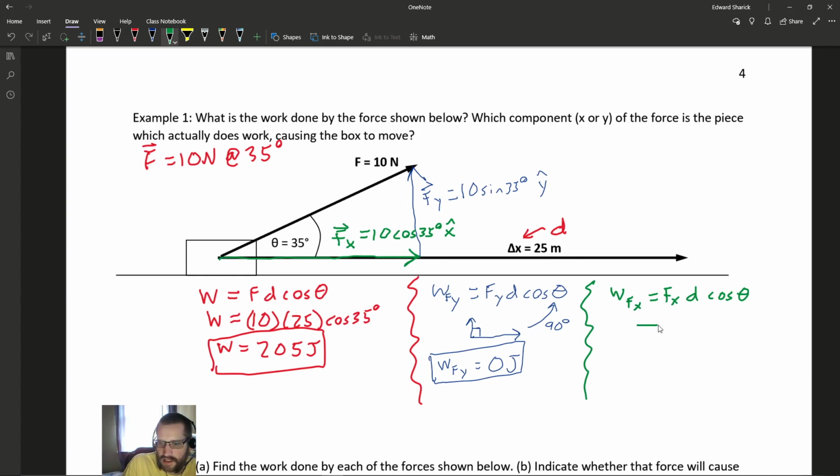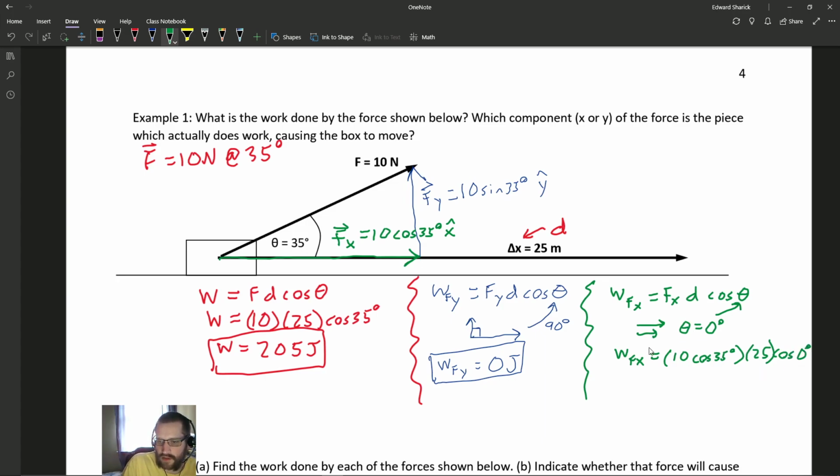In this case, Fx is this way and delta x is this way, so my theta is going to be 0 degrees. And cosine of 0 is 1. So what I end up getting is my x component, which is 10 cosine 35, my distance, which is still 25, and then cosine of 0.